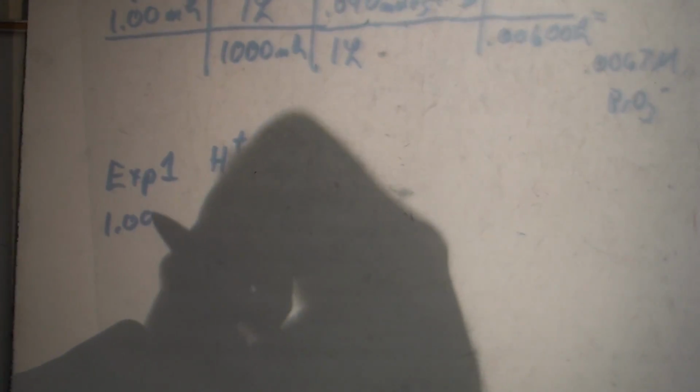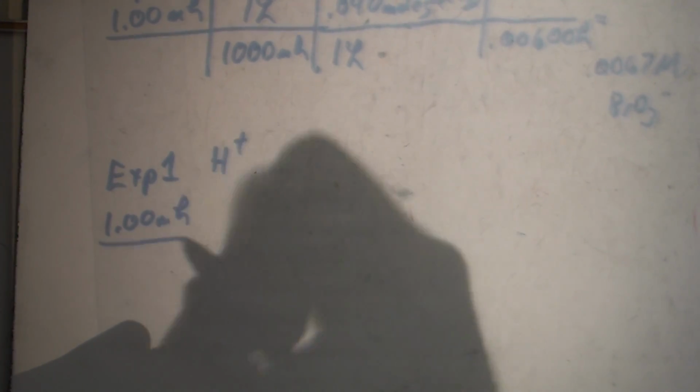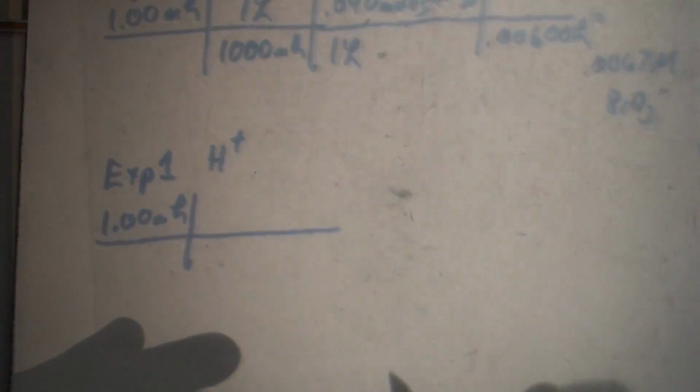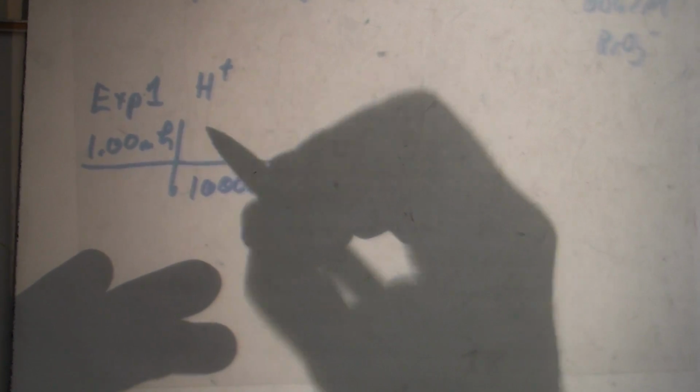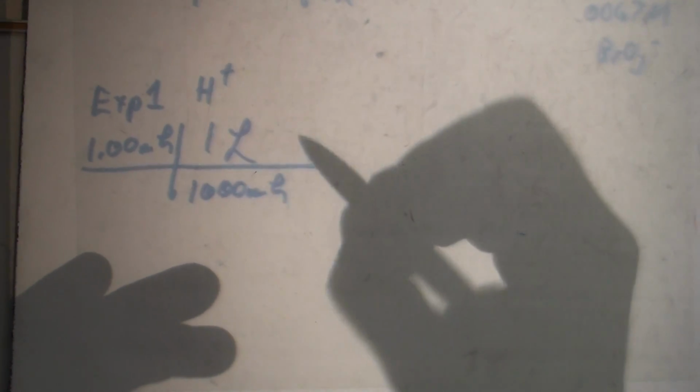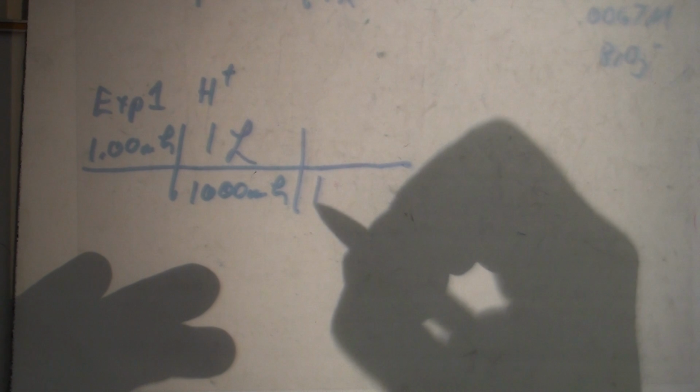So 1 mil, 1,000 milliliters, converted to liters.